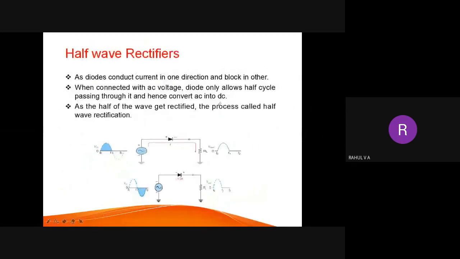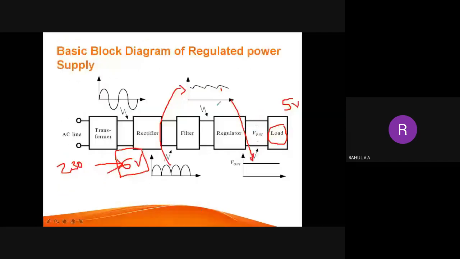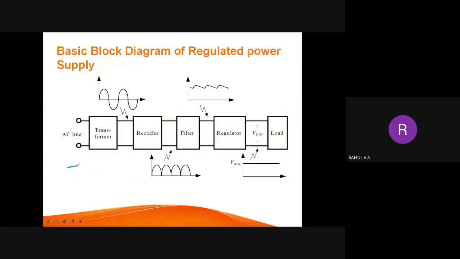As I said, we have just covered the transformer and rectifier. Then we have the filter. A filter is not such a big circuit. Normally people use a single electrolytic capacitor of a higher capacitance value for filtering.